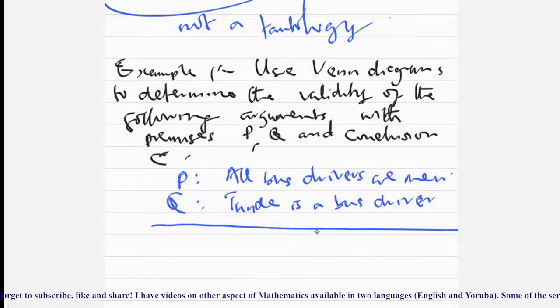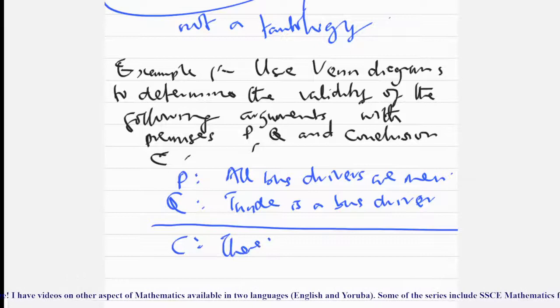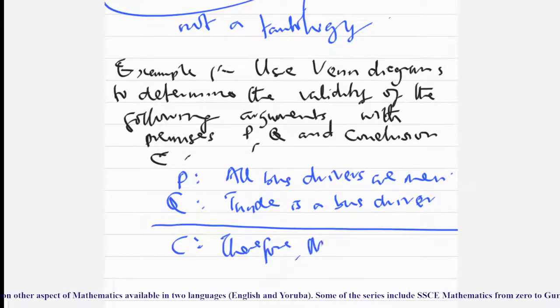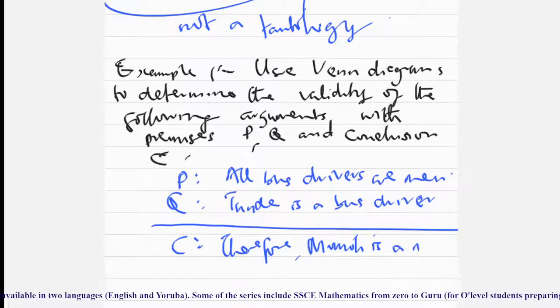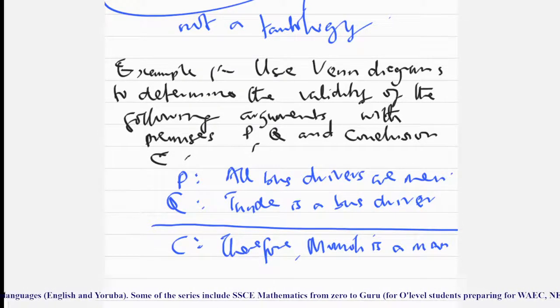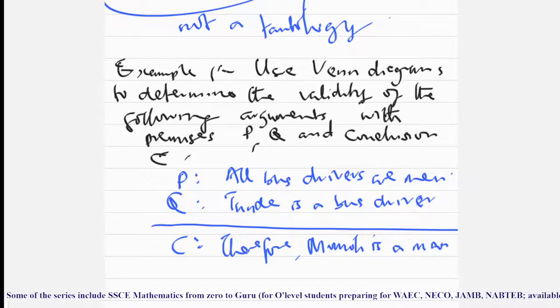When they write something like this, what will come after it is your conclusion. Therefore, Tunde is a man. Think of it yourself. All bus drivers are men. That is, everybody that is a bus driver is a man. Then Tunde is a bus driver.